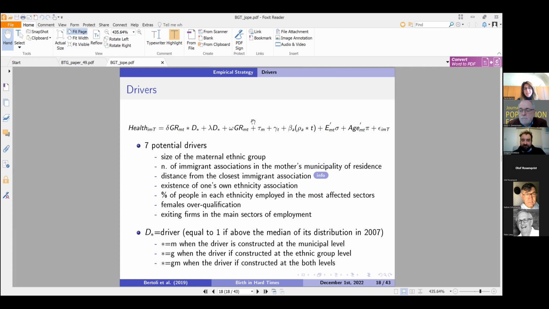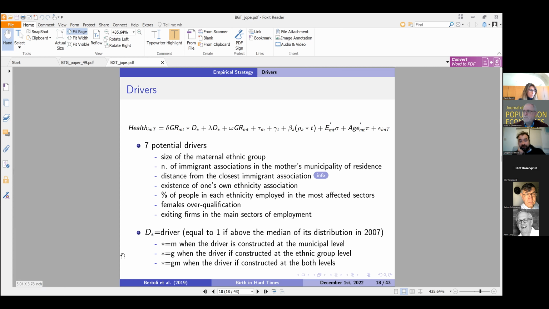What we look at as drivers are basically the networks immigrants might rely on. So we look at the size of the ethnic group to which the mothers belong at the municipality level. We look at the presence of immigrant associations, the distance from the mother to the closest immigrant association, and the existence of an association meant for the specific ethnicity of the mother.